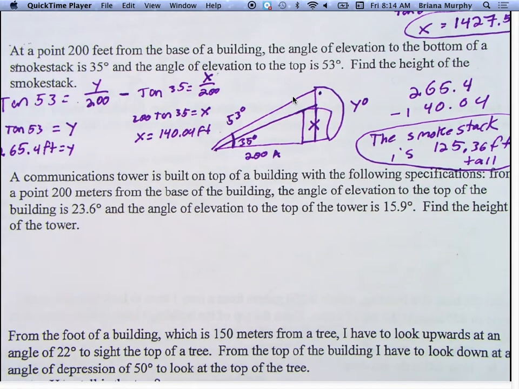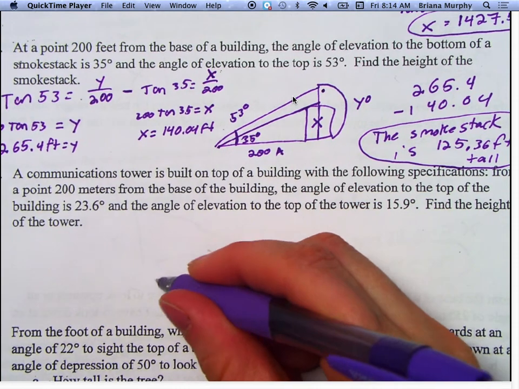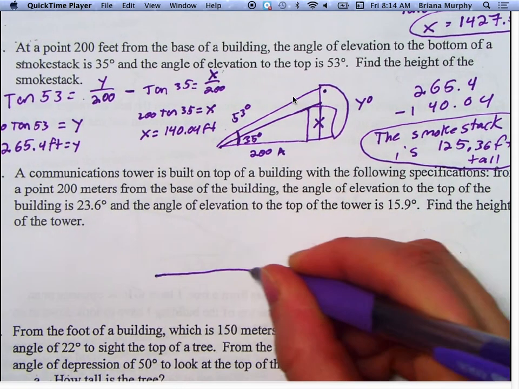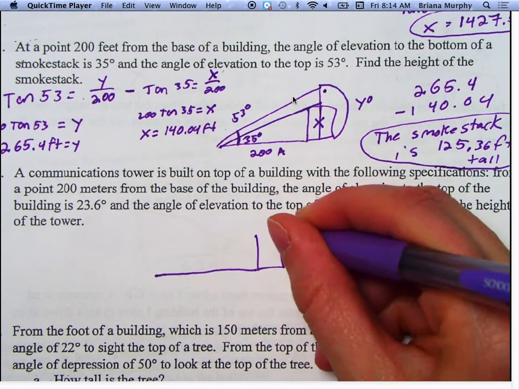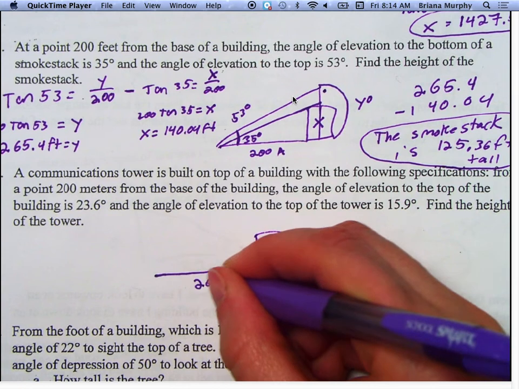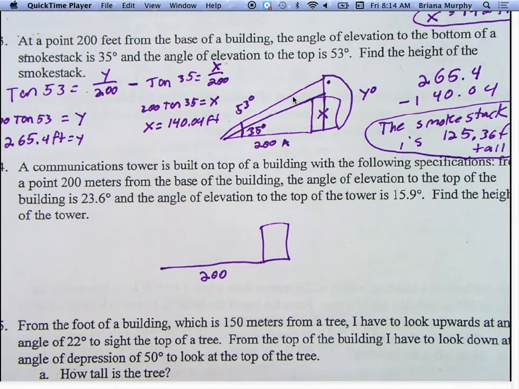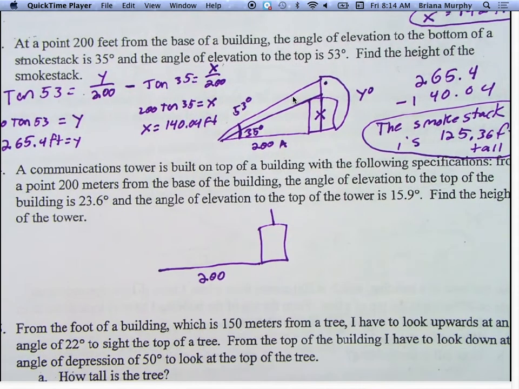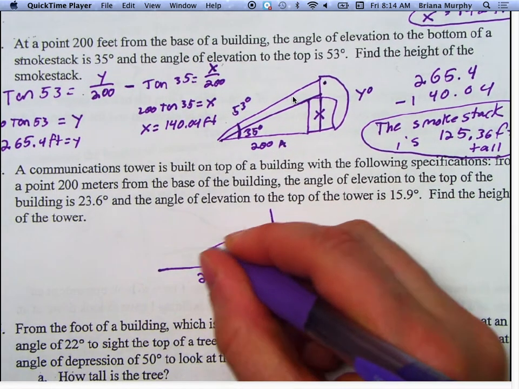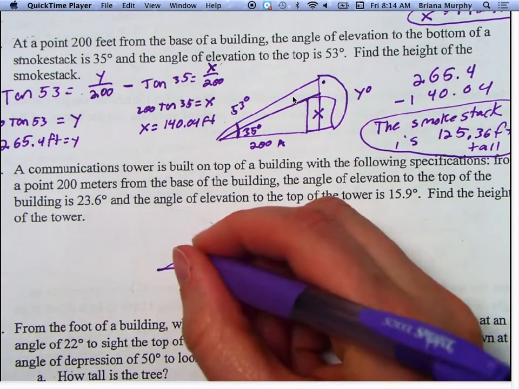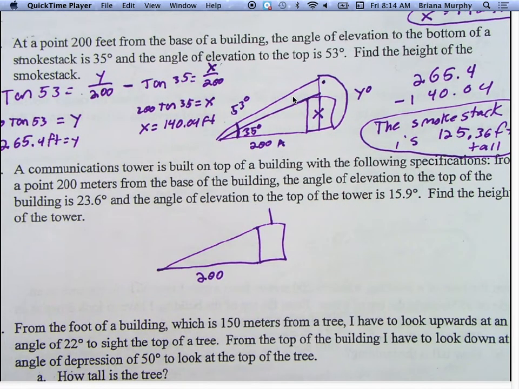All right. 4. We've got a building that is 200 feet away. We've got a tower on top of it. The angle to the top of the building is, what does it say? 23.6.